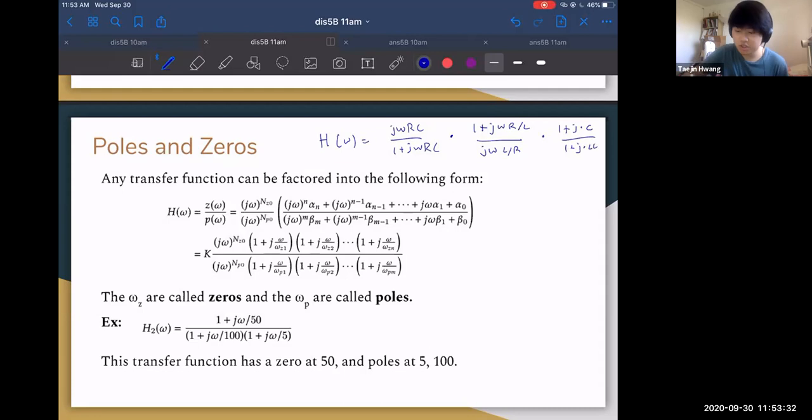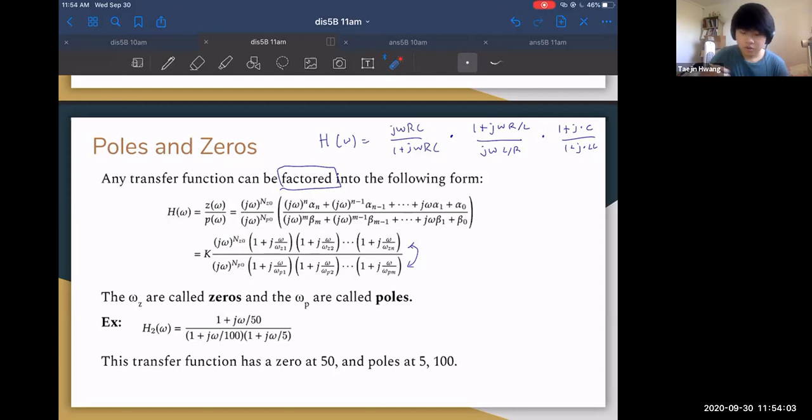It really doesn't matter what these are, but the idea here is that any transfer function, no matter how complicated it gets, can be factored into a bunch of products of 1 plus j omega over something, and j omega to the something power.